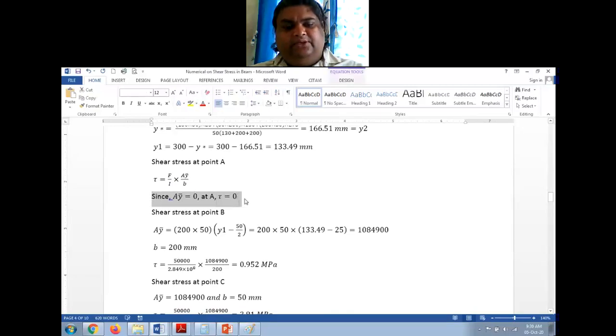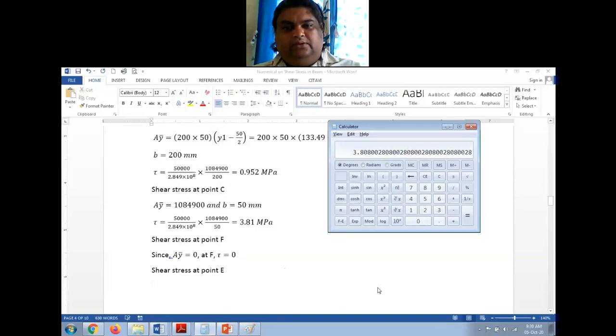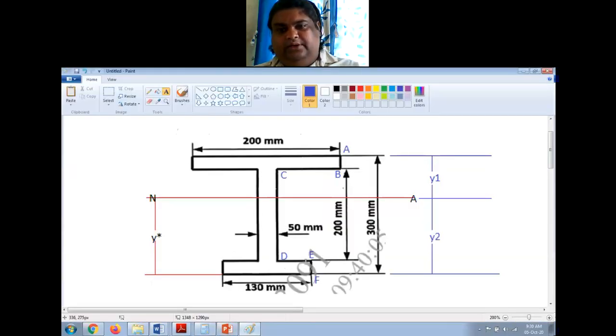Since AY is 0, shear stress will be 0 at F. Bottommost fiber, there will be no shear stress. Then shear stress at point E, similar to B. Now the area is this rectangle, the bottom flange, and the distance we have to consider is this distance.